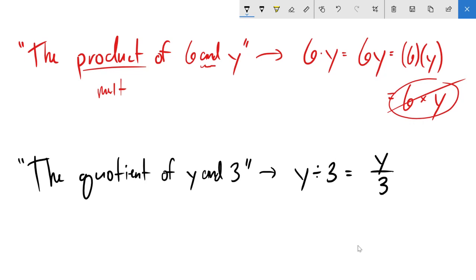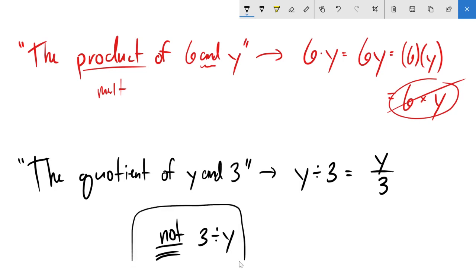Okay. Now, this is another one of those where these are not the same thing, right? So y divided by 3 is not the same as 3 divided by y. Those will give you 2 different values. So that's why it's important to read it left to right. But with multiplication, what about those?